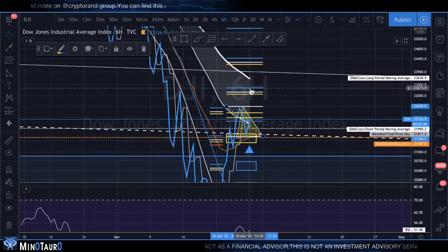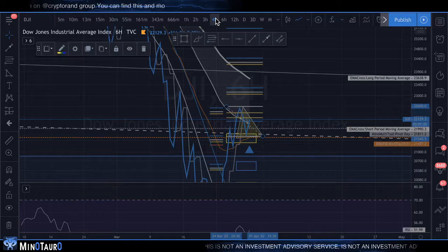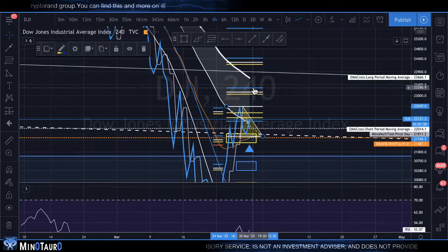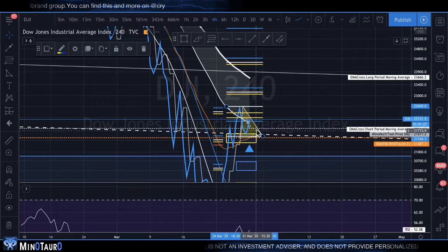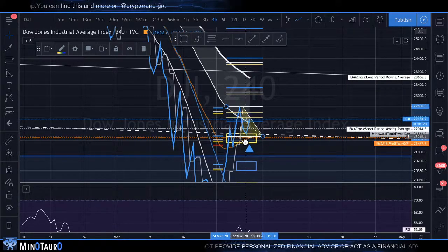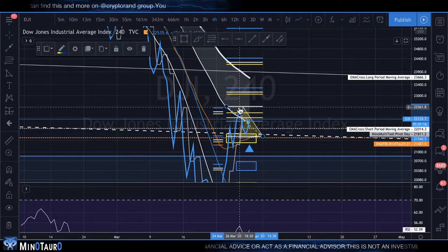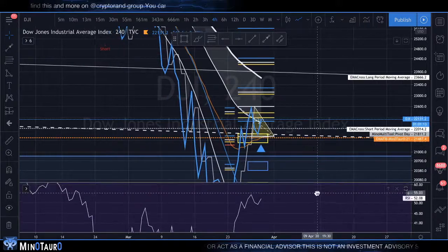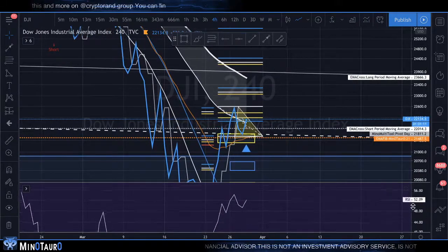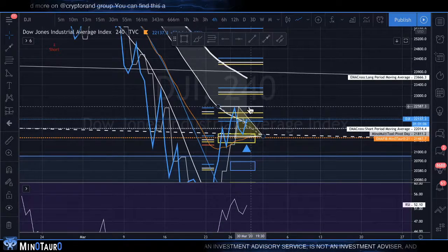So here we can go 23,273. That's the possibility, if we close and start going over this downtrend figure. Also, we need to avoid the divergence at all. So we don't need to have any divergence. So we need to move up with volume. Okay. We're gonna keep tracking this stuff.